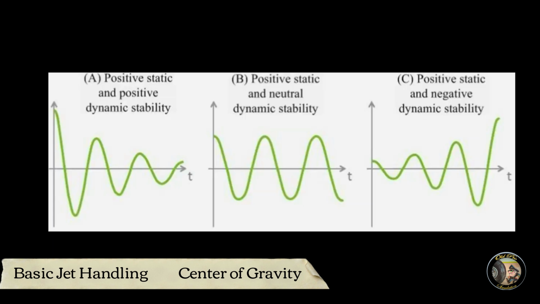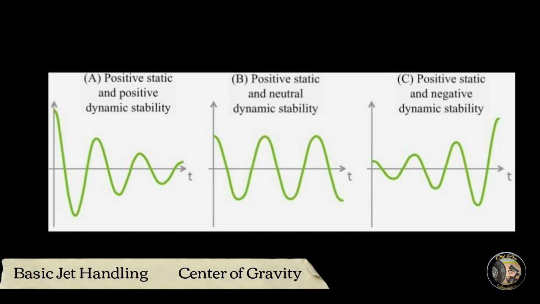Dynamic stability is what occurs after an aircraft with positive static stability has a displacement of the nose either up or down. What we would like to see is what happens in example A here, where the oscillations, what we call phugoid oscillations, get smaller and smaller until the aircraft returns to its previous trim point.